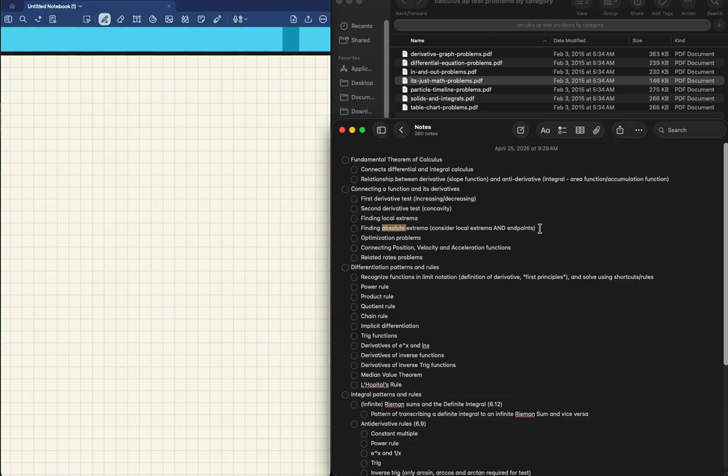So typically in questions, you will say, determine the absolute maximum or determine the absolute minimum of a function.